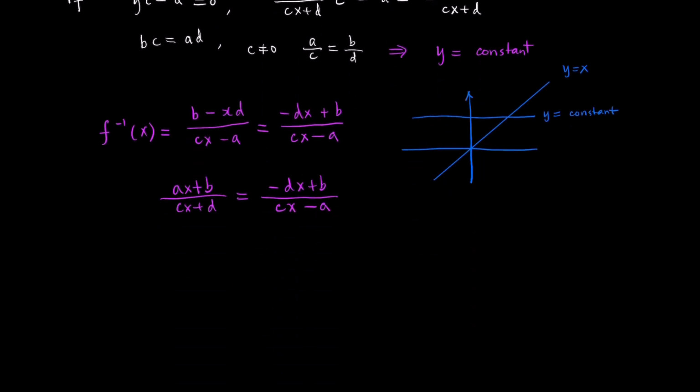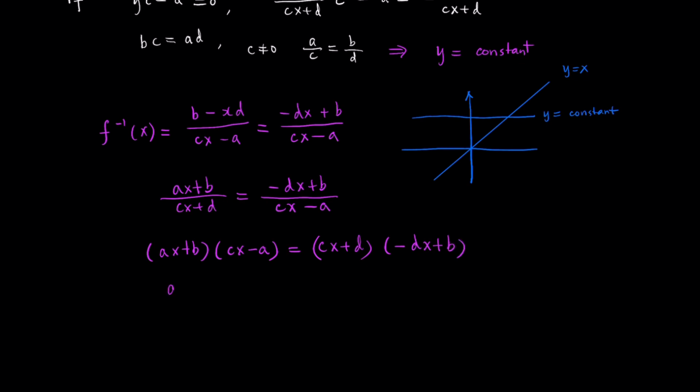So what you do is the cross product here. Let's do that. (ax plus b) times (cx minus a) equals (cx plus d) times (negative dx plus b).